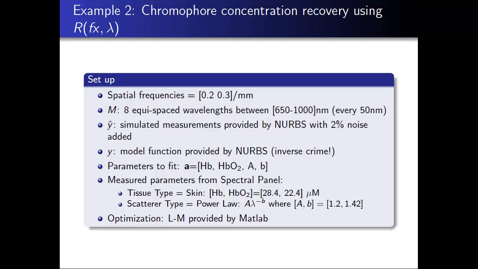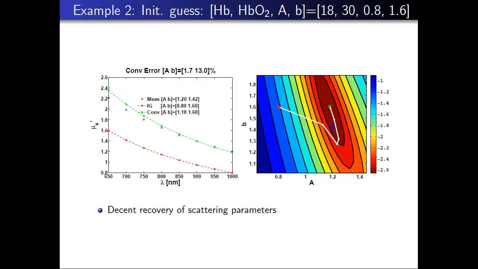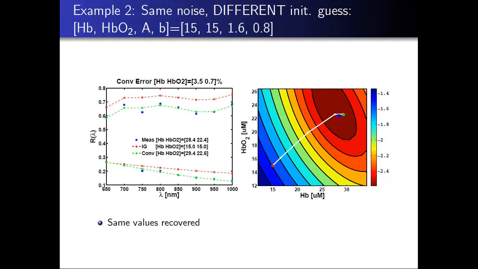If we change our spatial frequency to 0 and 0.2, now we see that we get improved recovery of these chromophores, Hb and HbO2, and the power law is decent still. I then did the same thing with a different initial guess just to see how robust finding these minima is, and actually it goes to exactly the same value.